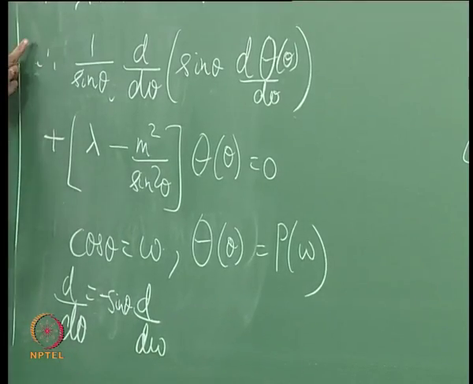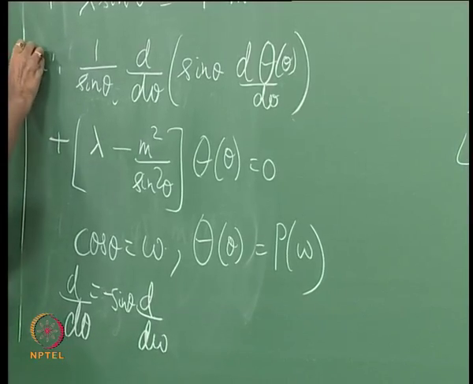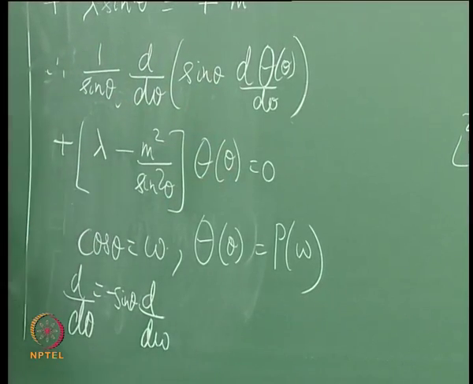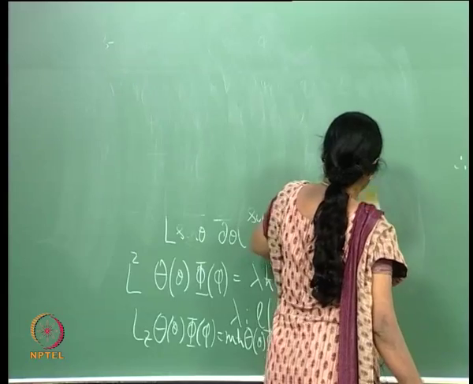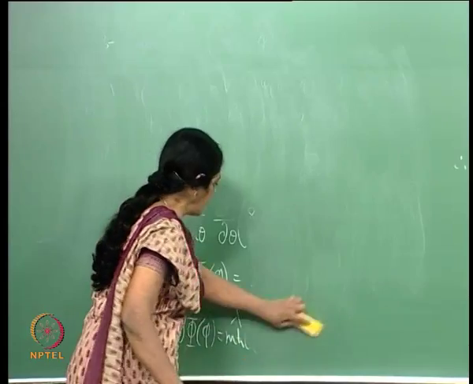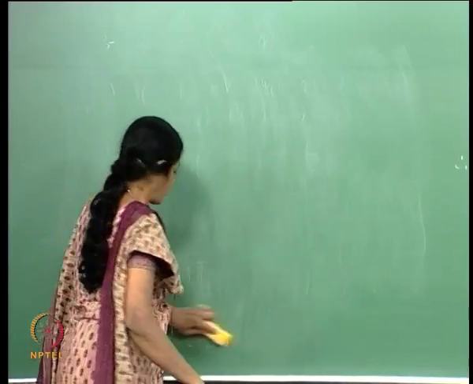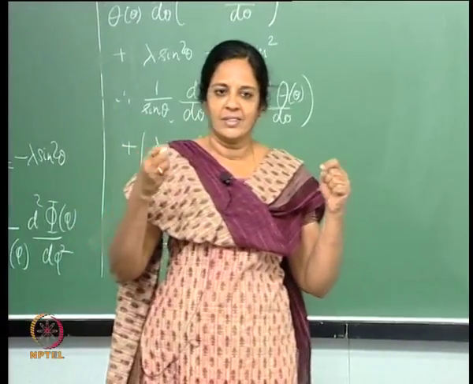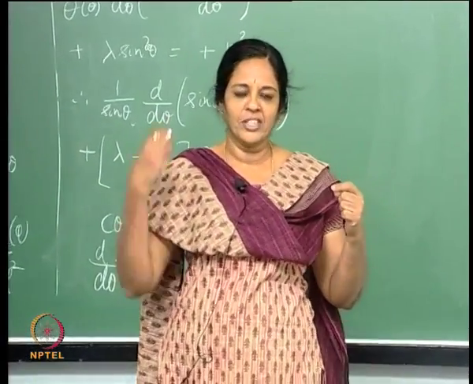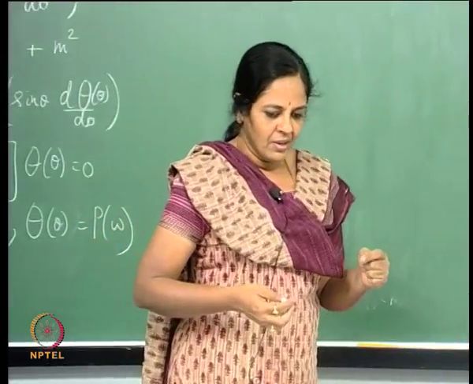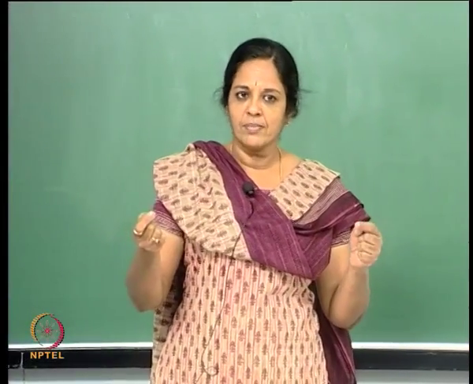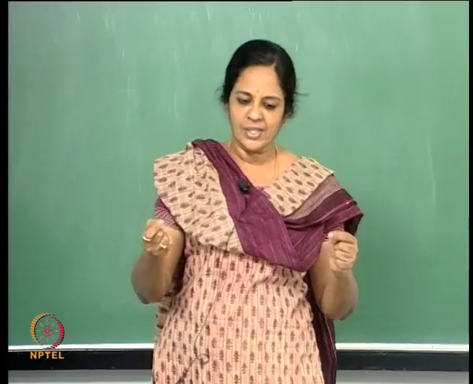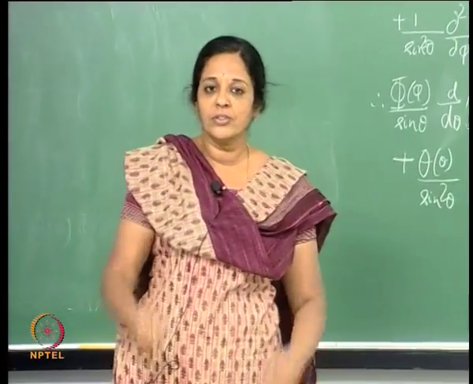So let us just recast this equation in terms of W. This is analogous to what we did in the harmonic oscillator problem, where I had an equation as a function of x. It was a one-dimensional oscillator, and the variable was x because we were working with Cartesian coordinates, and x went from minus infinity to infinity.